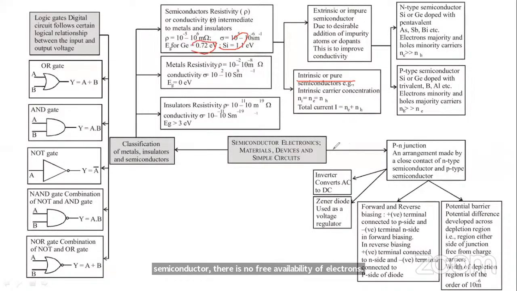When the temperature increases, as you know, germanium or silicon has 4 valence electrons, which are covalently bonded with neighboring atoms. At low temperature they are not breaking their bonds.